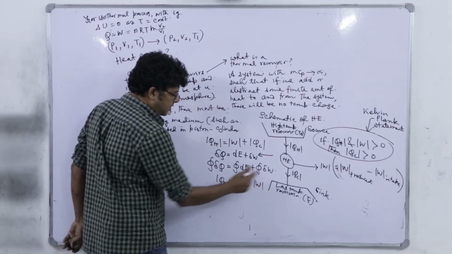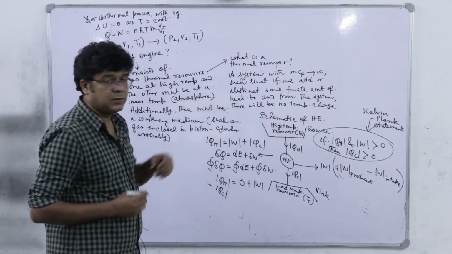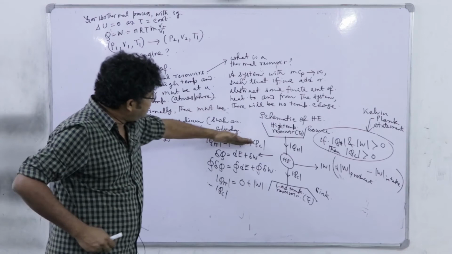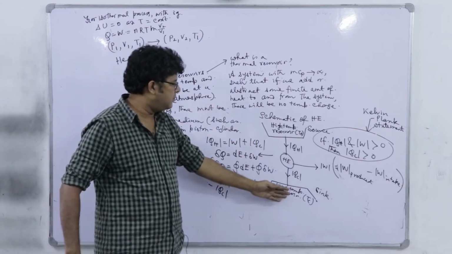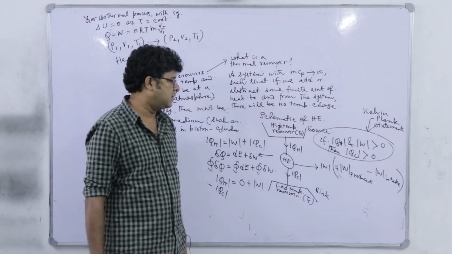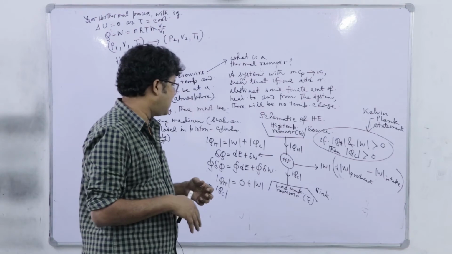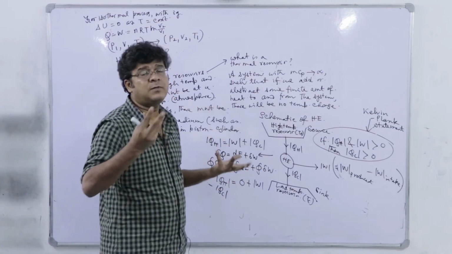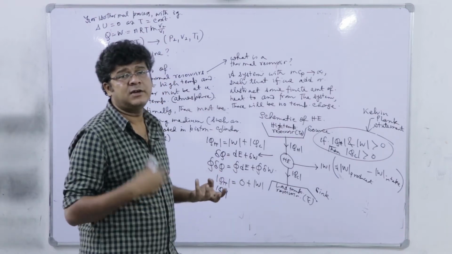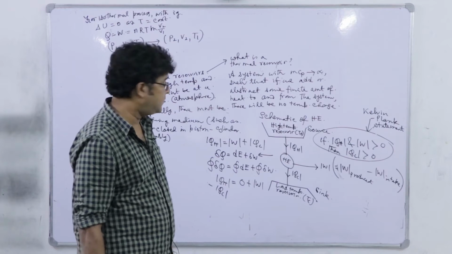If it is a cyclic process, we have to write mod QH minus mod QC is equal to mod W. In general, if we forget about the second law and write this for this type of schematic, where we do not know whether it is operating in a cyclic or acyclic process, you can directly write mod QH equal to mod W, that is, conversion of heat into work fully, with 100% efficiency.